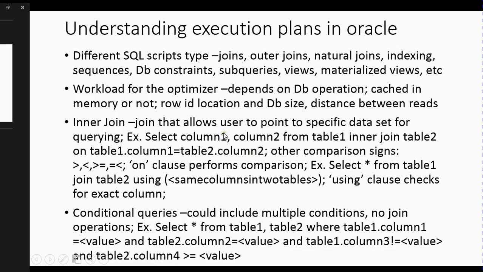So the recommended way is to have a star, put the two tables, and then in the on clause you get specific. You say, I'm going to take information from column 1 of table 1 and see if it matches information in column 2 of table 2. That's the recommended way of doing it.